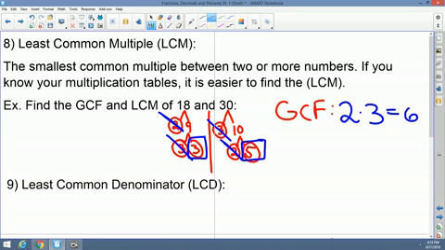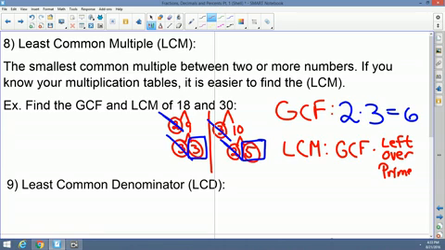Now, to find my LCM, I'm literally going to take my GCF times all the leftover prime numbers. It's that simple.